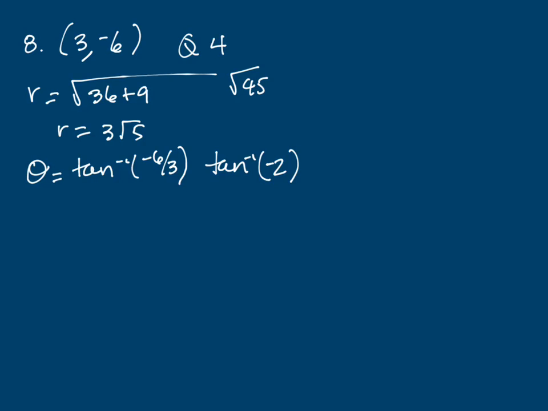And we have to use our calculator because that's not on the unit circle. So punch in your inverse tan. So second, and then tan is inverse tan of negative 2. And you should get, I get negative 63 degrees. Okay, so where's negative 63 degrees?